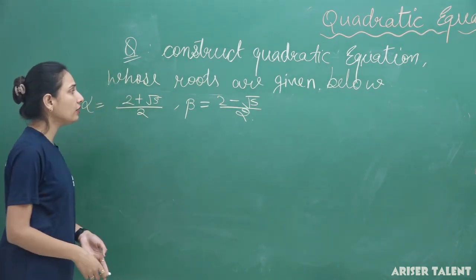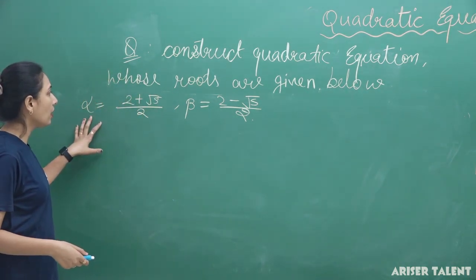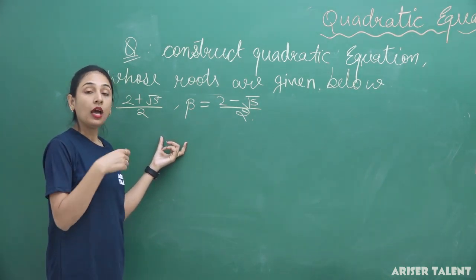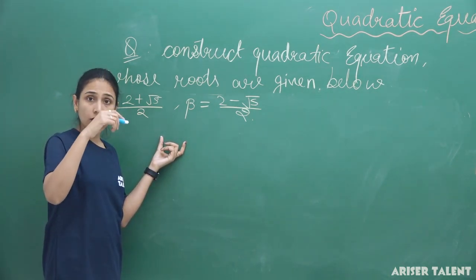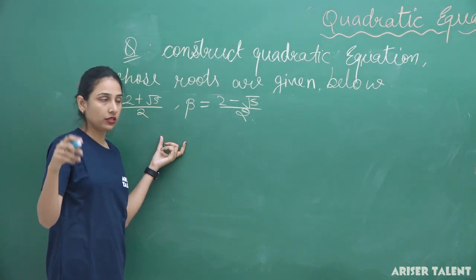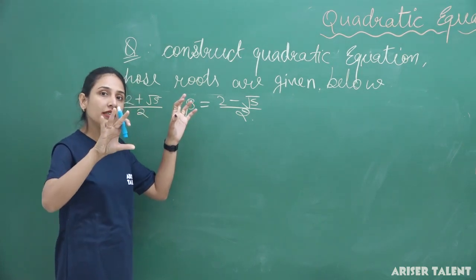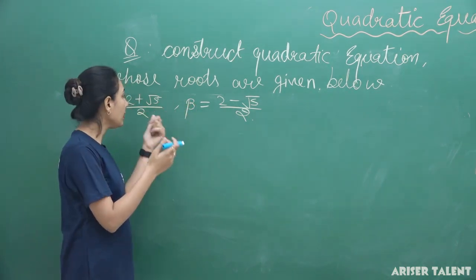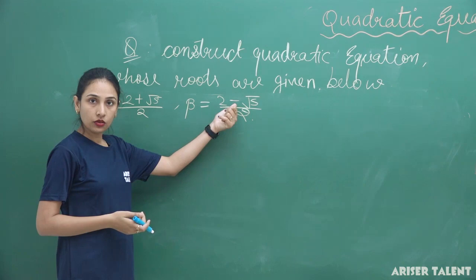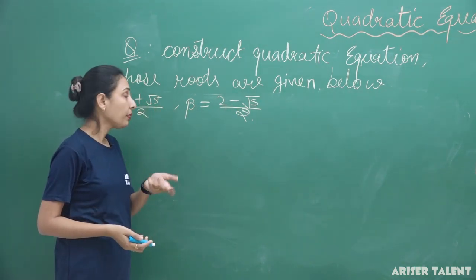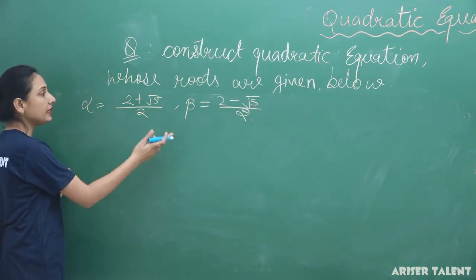Generally, these kinds of values can be given to you, because every time you will be getting the roots, you will be using this formula: minus b plus minus under root of b square minus 4ac. So, the value of minus b will be the same and the under root value will be the same, only the difference will be minus and plus. So, there will be difference of sign only. Okay. So, alpha's value is this, beta's value is this.